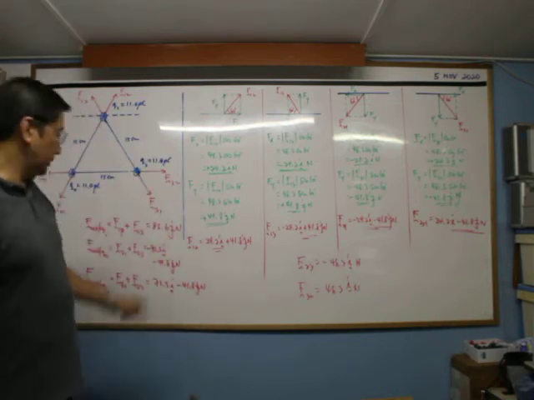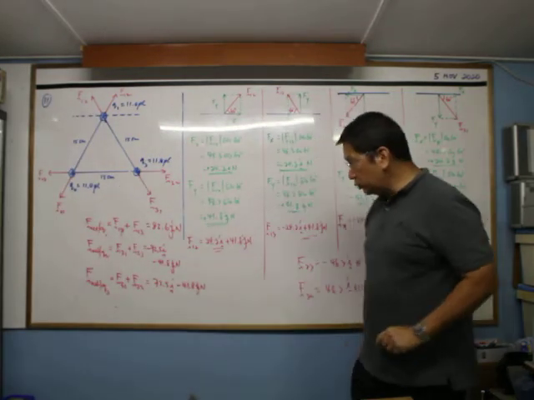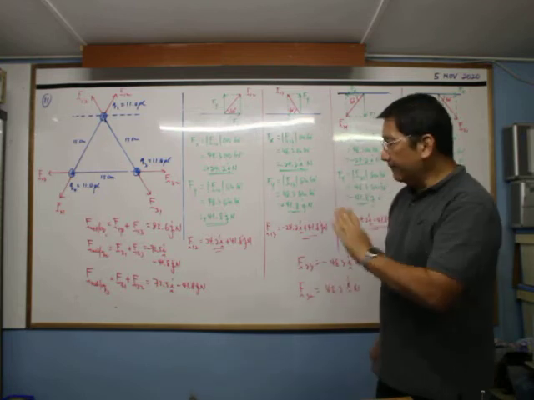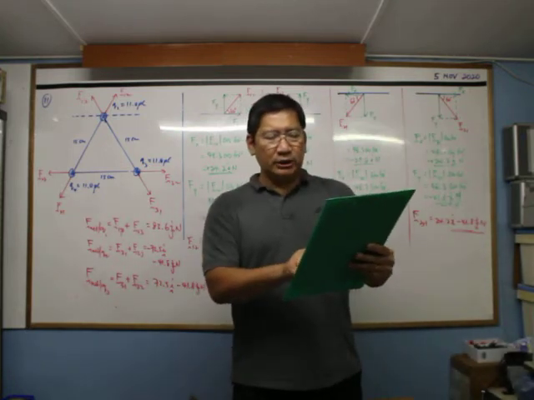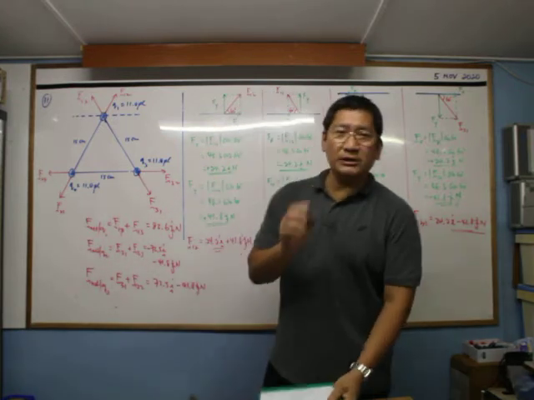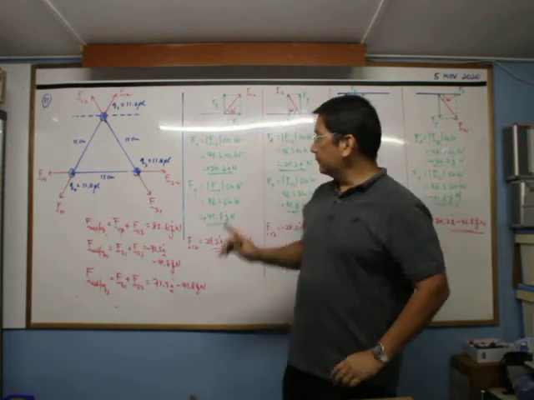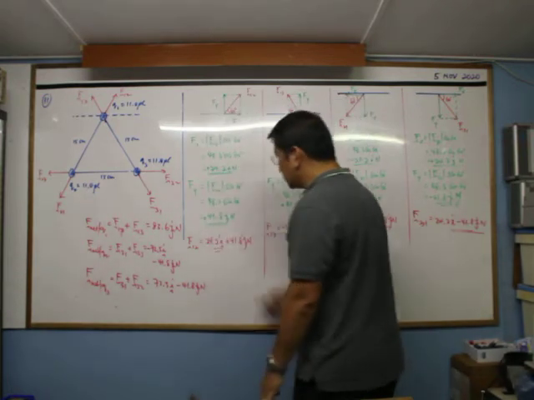So that is the net forces on Q1, 2, 3. But we are not finished yet, because we still need to find the magnitude and direction. That is normally the fifth part of the question here. These are difficult questions.